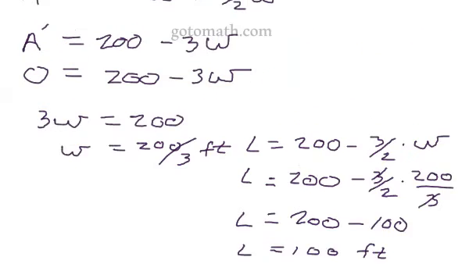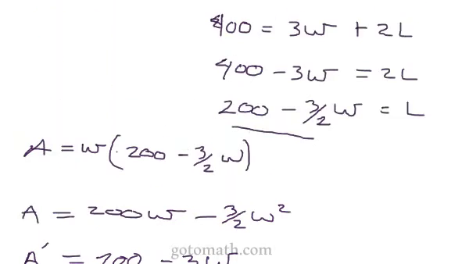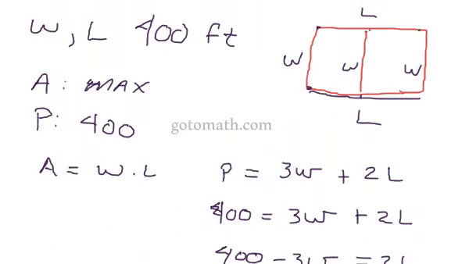Let's go back up to the top. Okay, so the dimensions here, this was 200 over 3, and L going in this direction is going to be, we said, 100 feet.